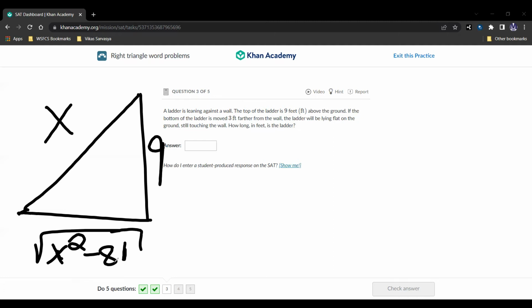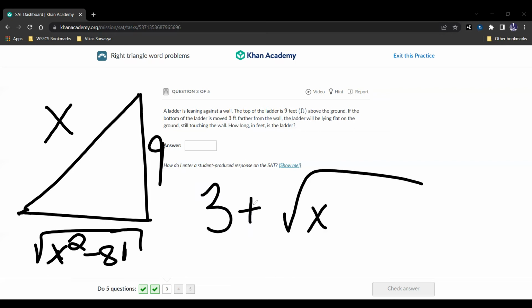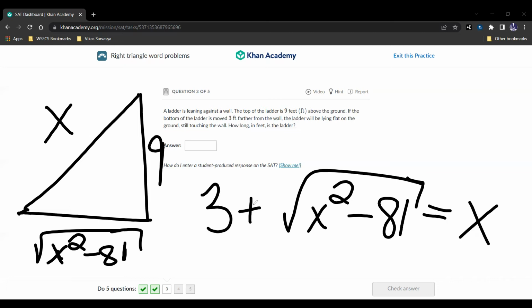And if we increase this by 3, we make this 3 more by moving it 3 feet farther from the wall, then this part becomes 0, which means that the square root of x squared minus 81 is going to be our length of the ladder.